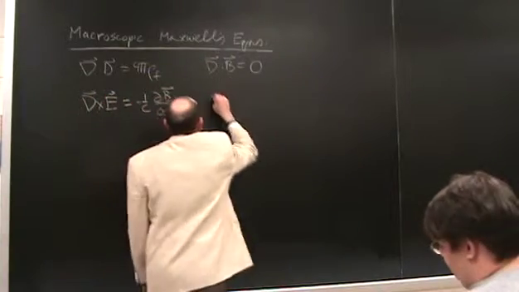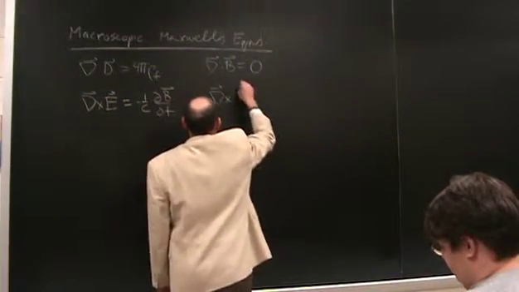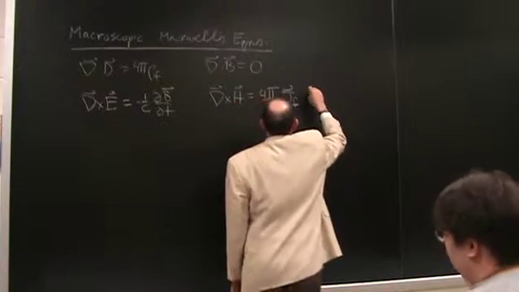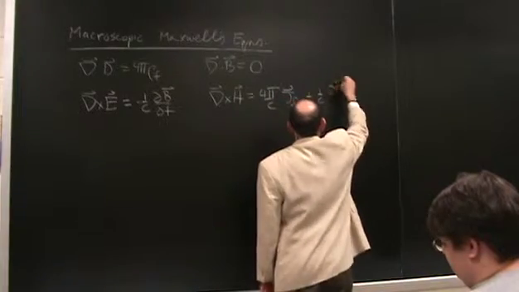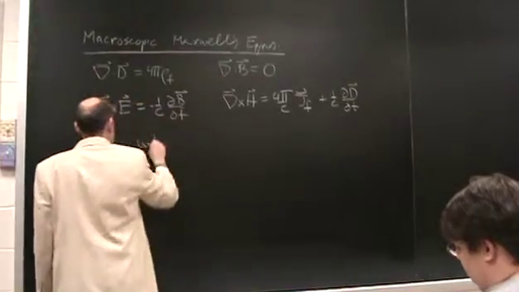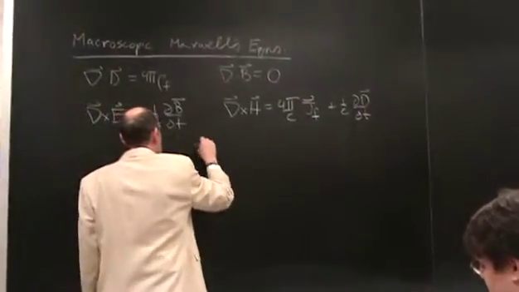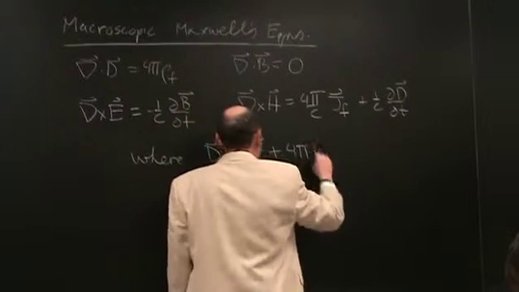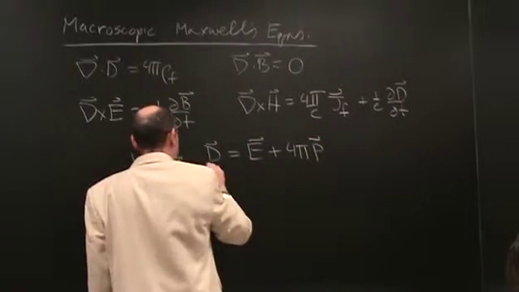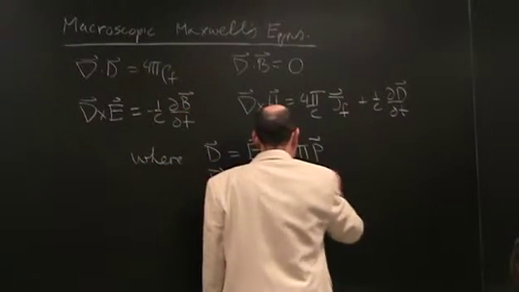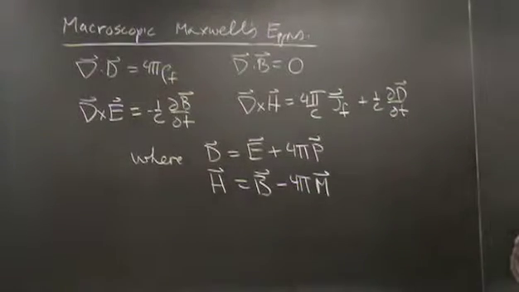Faraday's law is unchanged. And del cross H is 4 pi over C J free plus 1 over C dD/dt. Where D is E plus 4 pi P, and H is B minus 4 pi M. Okay.